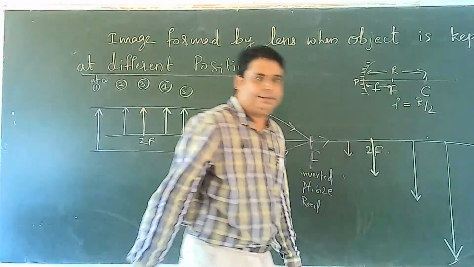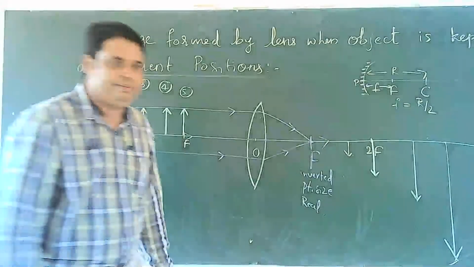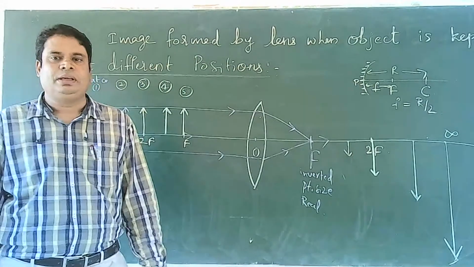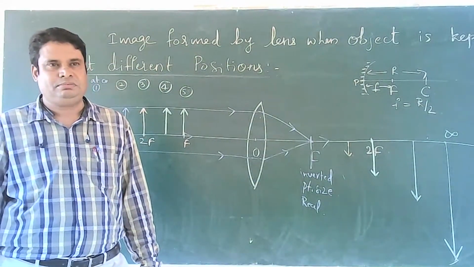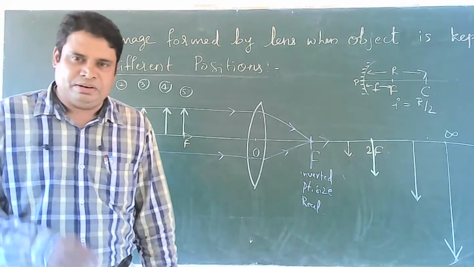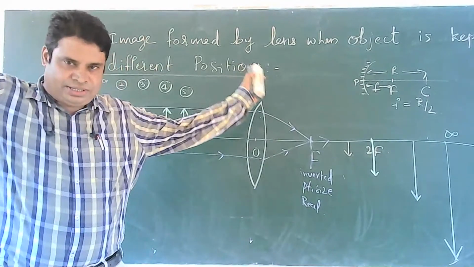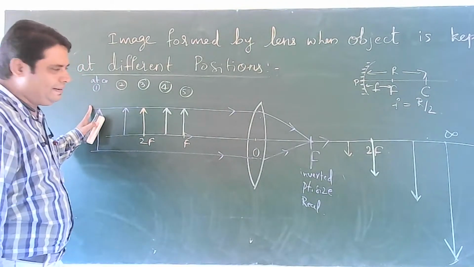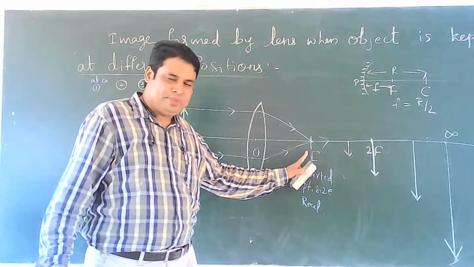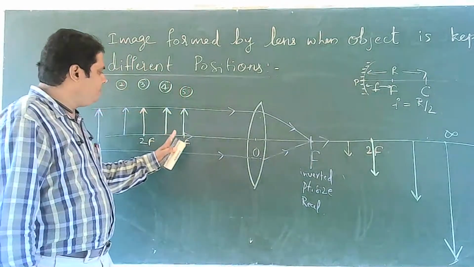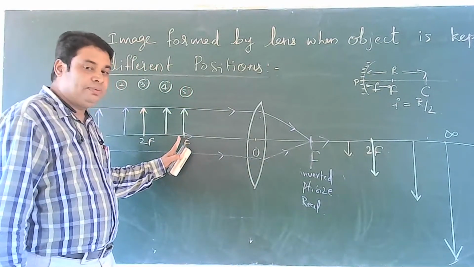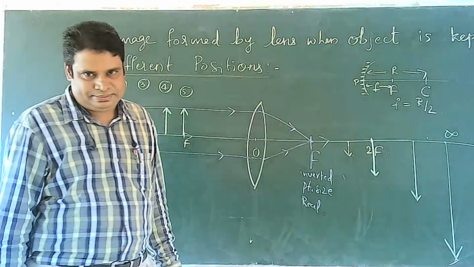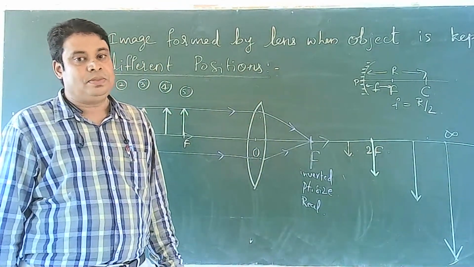What is the nature of the image? Remember, the image is inverted, real, very much enlarged. When the object is at infinity, the image is at F. If the object is at F, then the image will be at infinity. Correct?